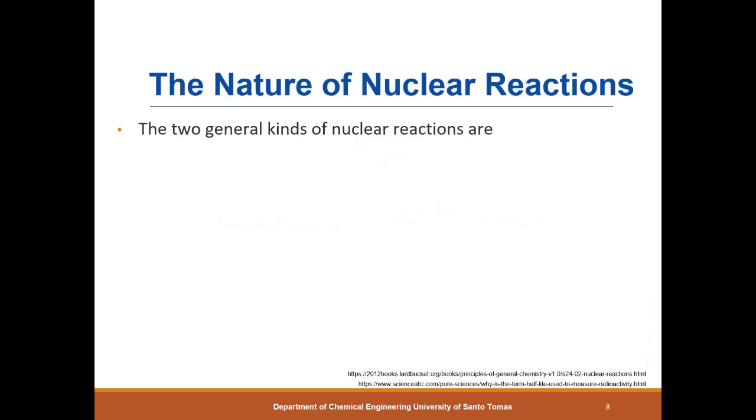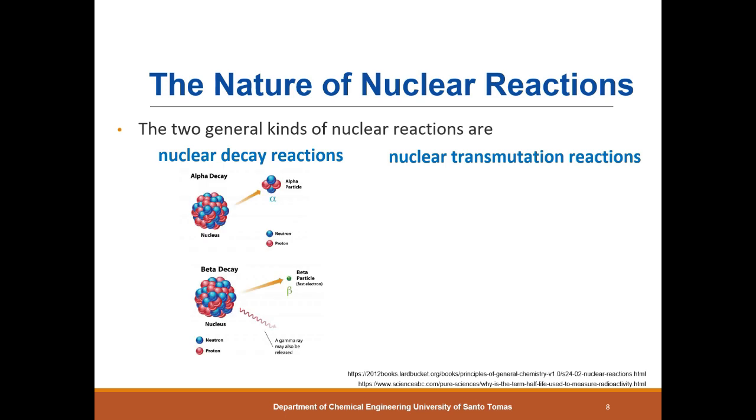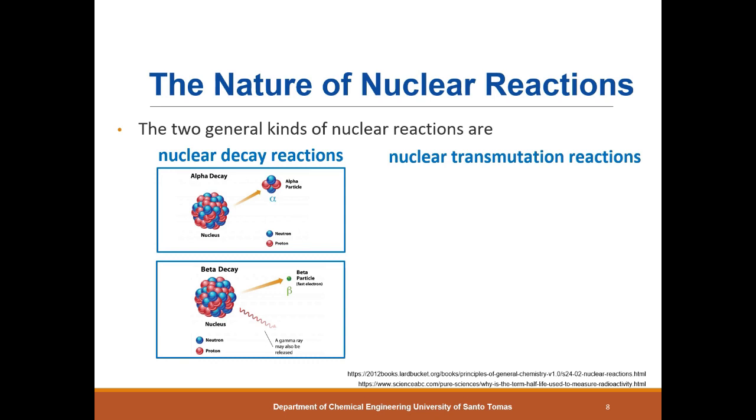The two general kinds of nuclear reactions are nuclear decay reactions and nuclear transmutation reactions. In a nuclear decay reaction, also called radioactive decay, an unstable nucleus emits radiation and is transformed into the nucleus of one or more other elements.